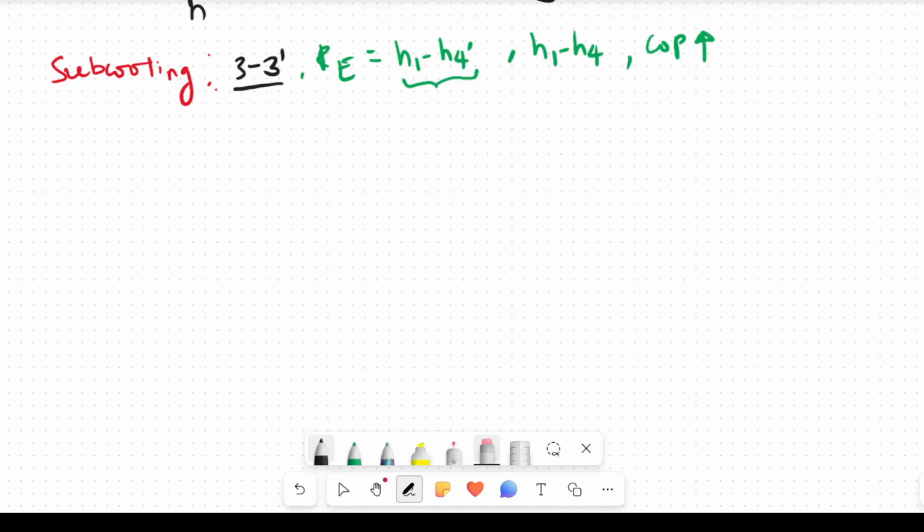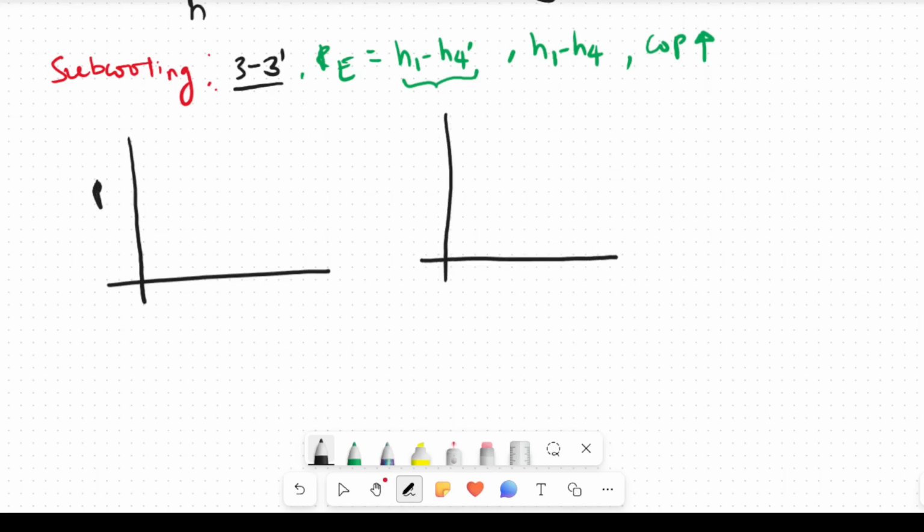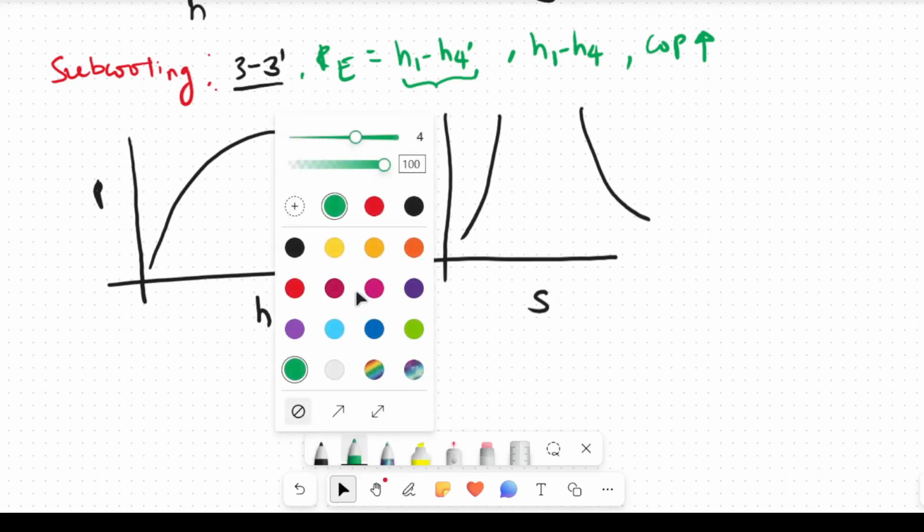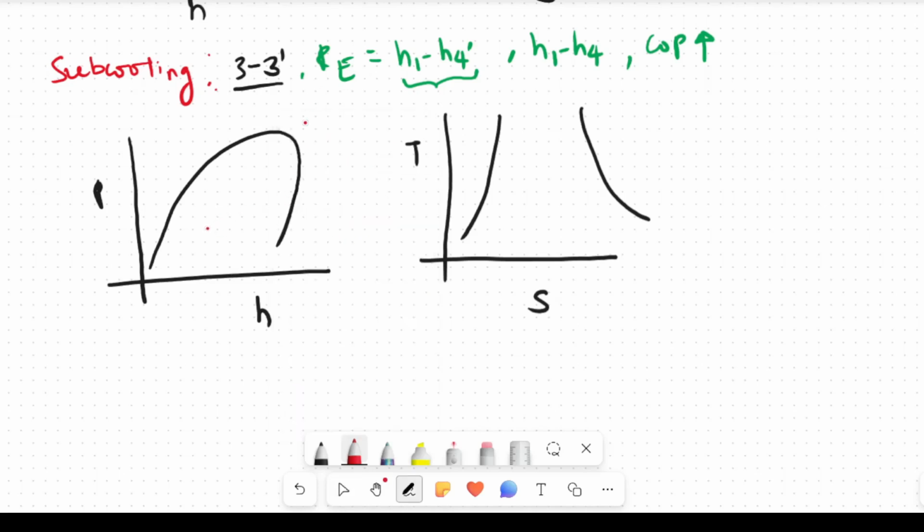Okay, so this is our pH diagram and this is our PS, pressure, enthalpy, temperature, entropy. So, now let us draw the cycle. Okay, so this was the original cycle with the red.